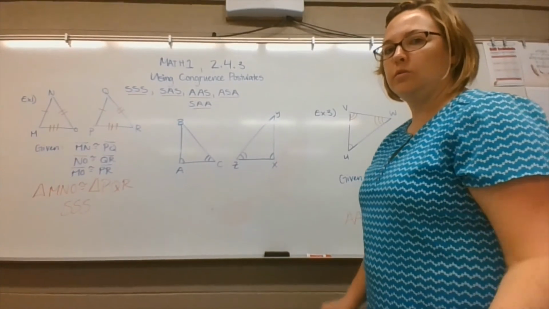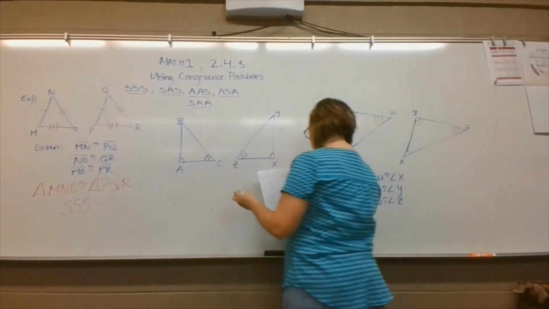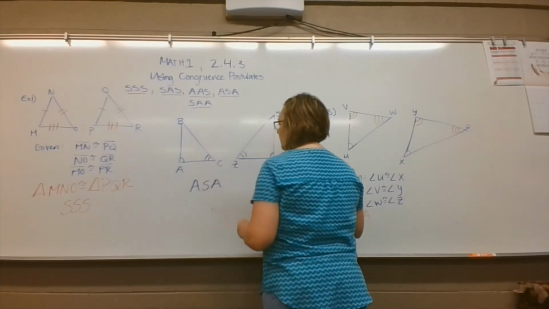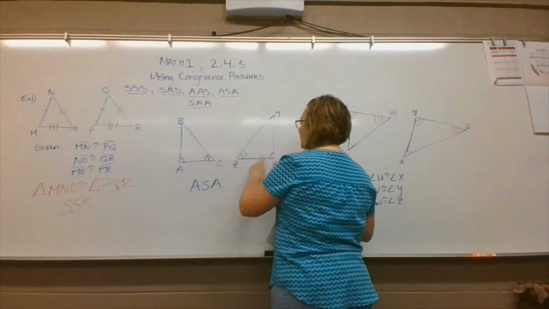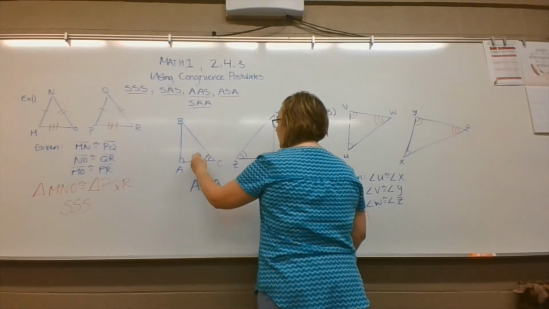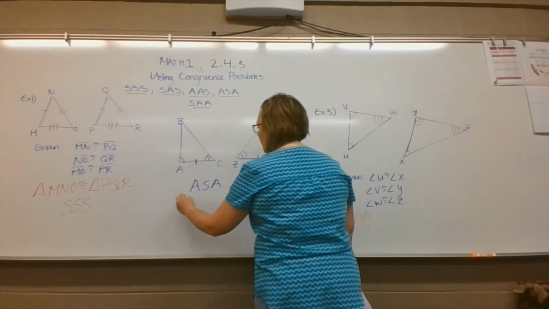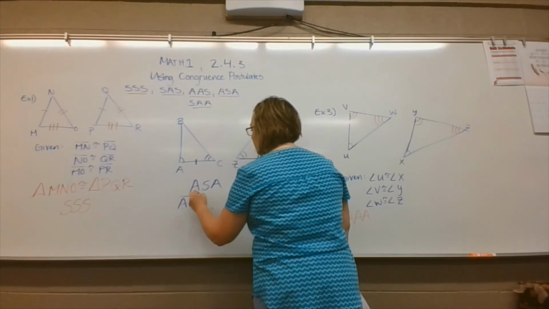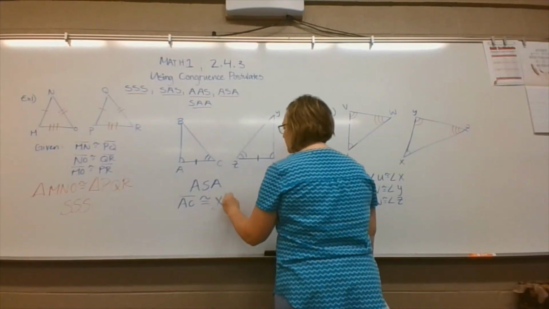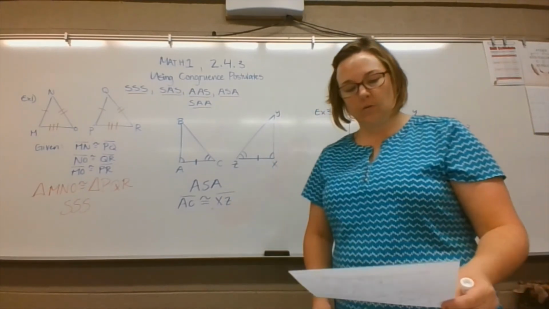We're asked to determine what is needed to show congruence by angle, side, angle. Well, we have the angles. We just need the side that sits in between them. So we need to be able to show that side AC is congruent to side XZ. If we get that, then we can determine congruence.